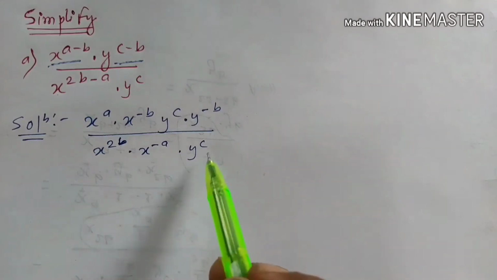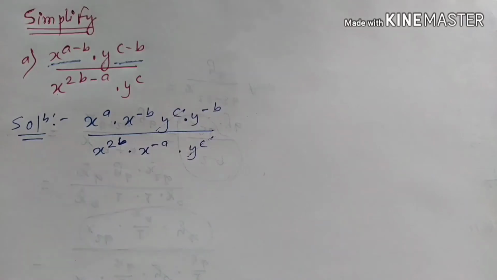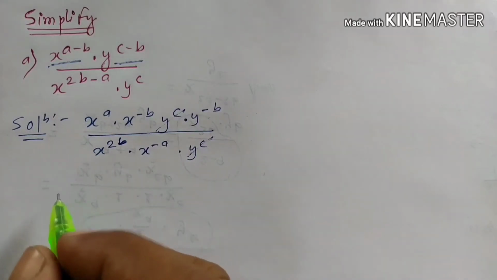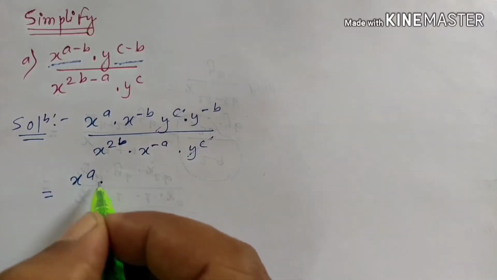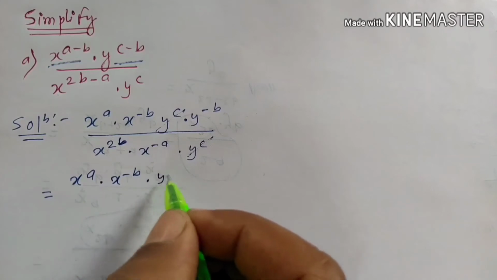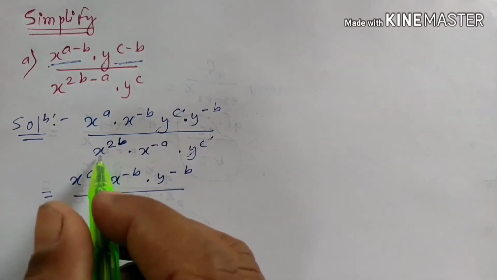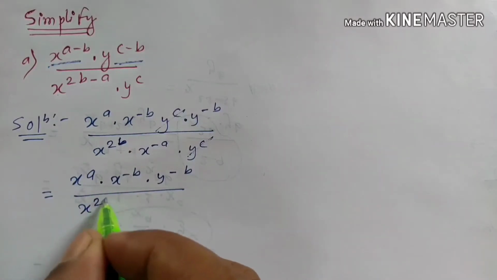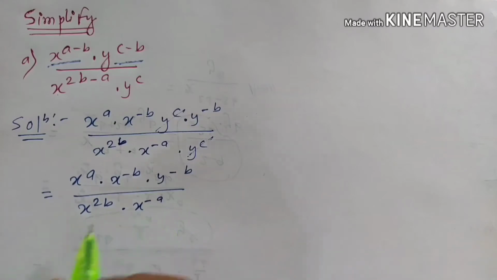You can see that this y power c and this y power c are similar, so they cancel each other, and the remaining terms can be written as x power a dot x power minus b dot y power minus b, over x power 2b dot x power minus a.